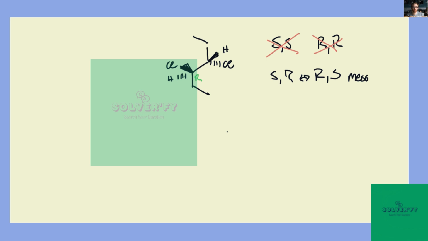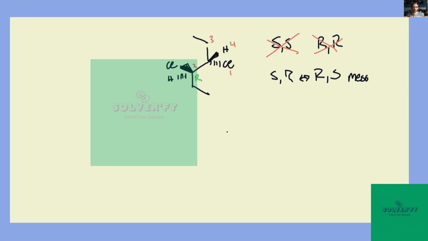Note now that our lowest priority substituent, hydrogen, is not in the back, right? Which means if it looks like R, it means it's S, and if it looks like S, it means it's R. Still, chlorine is the highest. Carbon attached to chlorine is the second highest. This carbon is the third highest, and the hydrogen is the lowest priority.